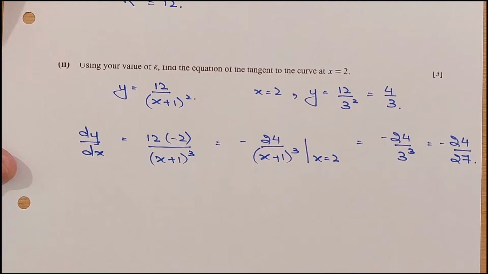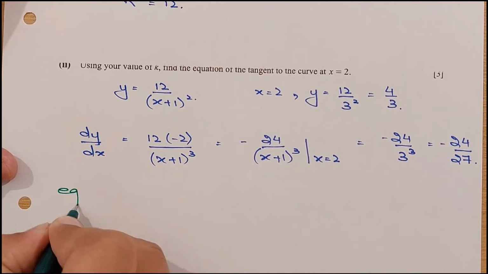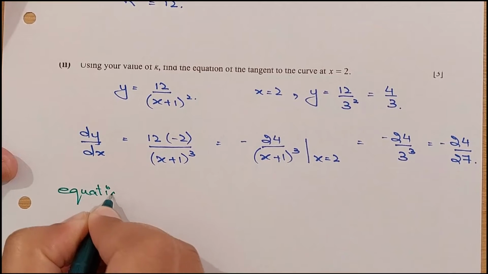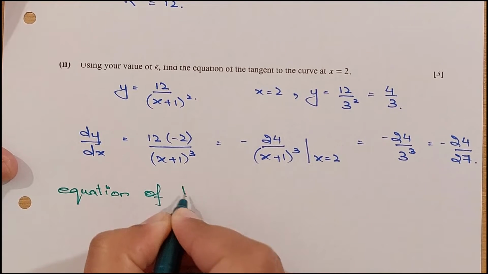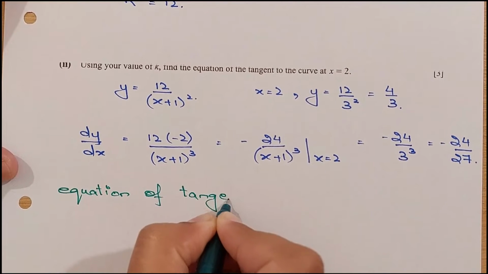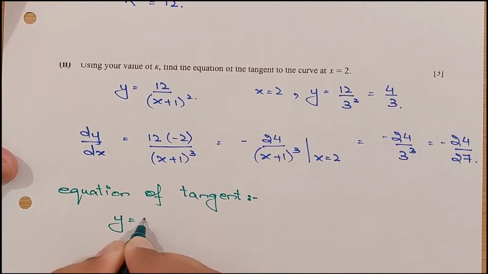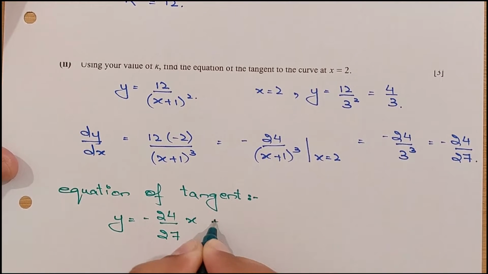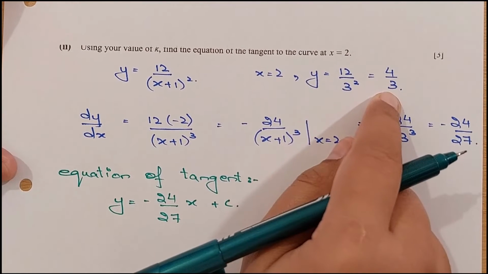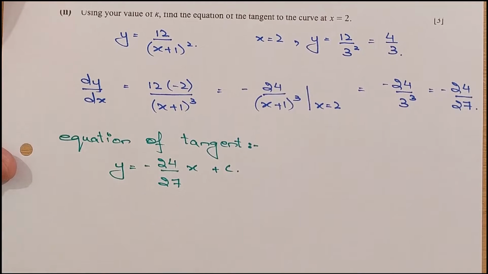Okay, now let me write down the equation of tangent. y equals mx plus c, that is minus 24 over 27 x plus c. And to get the value of c, we have to use this point, 2 and 4 by 3.